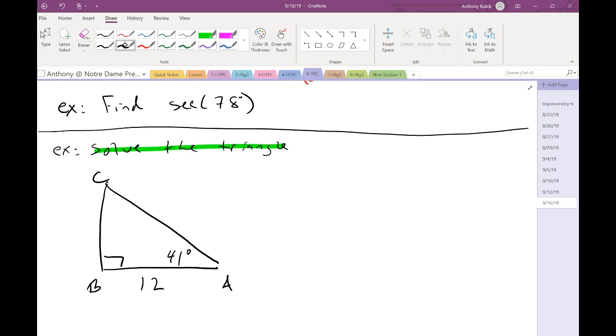What do we mean by solve the triangle? What is that direction asking us to do?